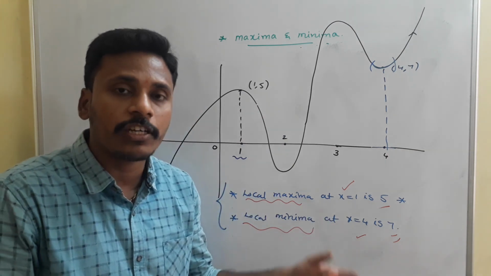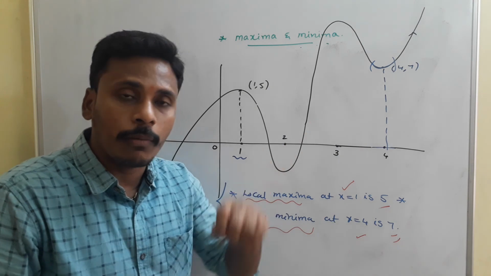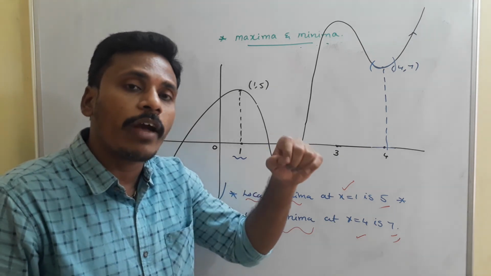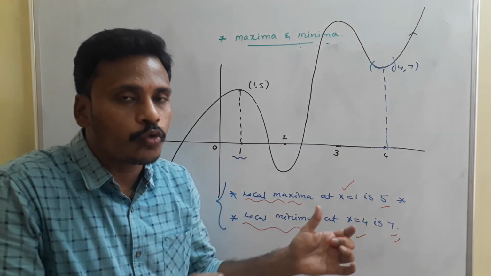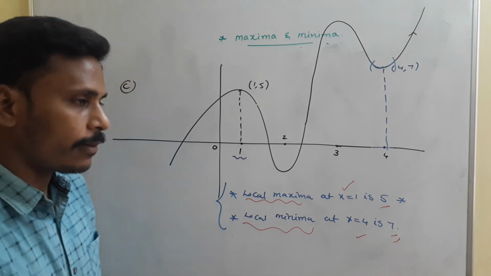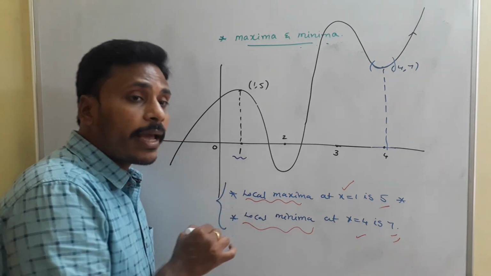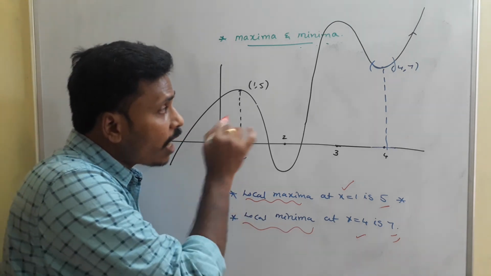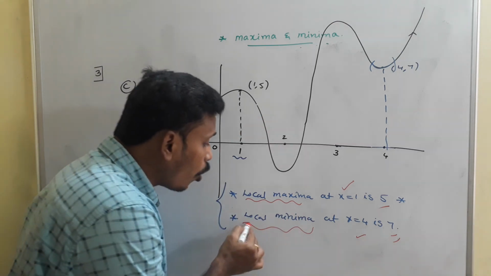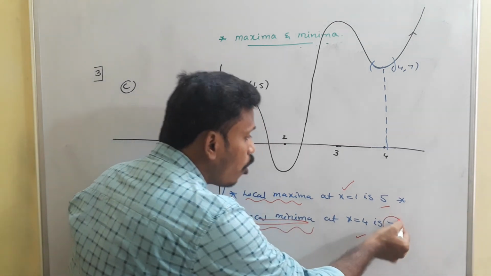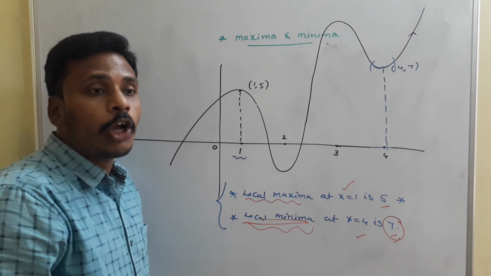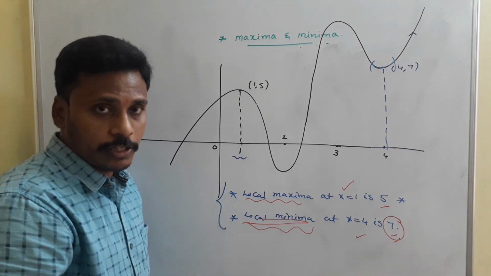That means for a function, if you note maxima and minimum values, the maximum value is always more than the minimum. That's the usual idea we all have. But when you think about local maxima and local minima, there are some functions where the local minima value is more than the local maxima. It all depends on the nature of the function.